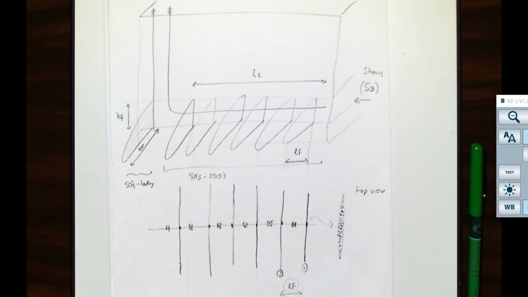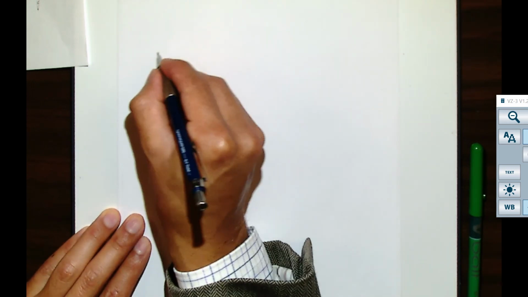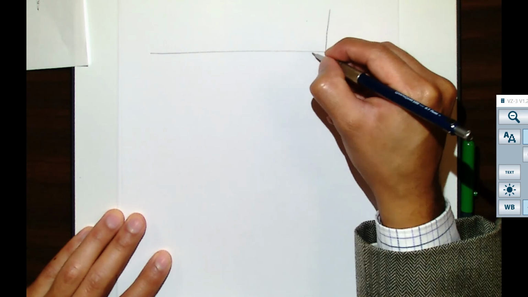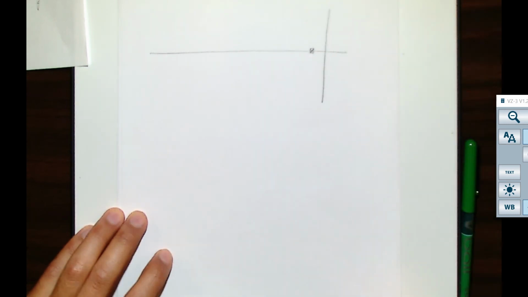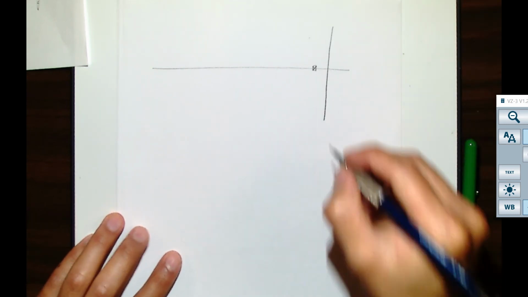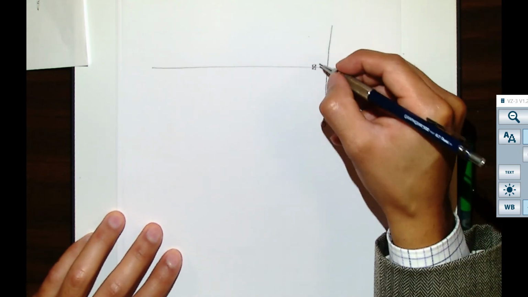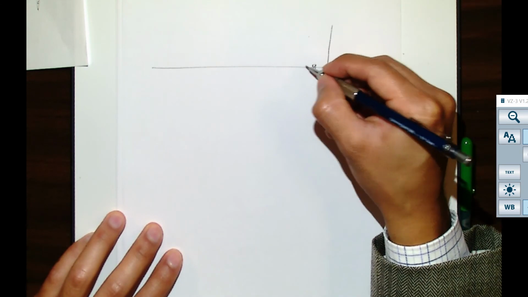So, if you get these fractures too close to each other, let's say that you plug, you perf, you create the first fracture, and then you are ready to create the second one.